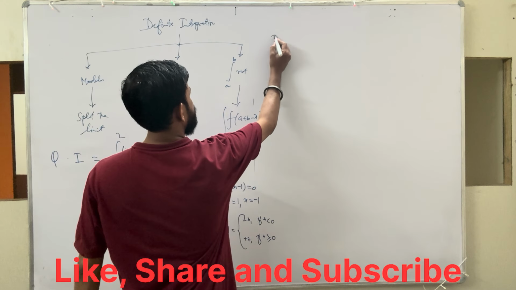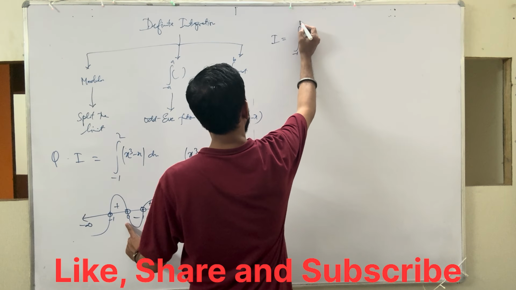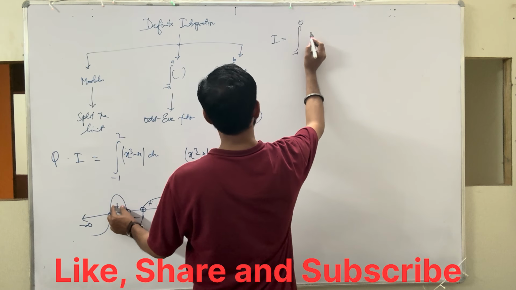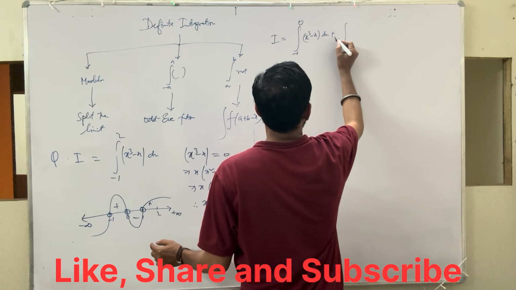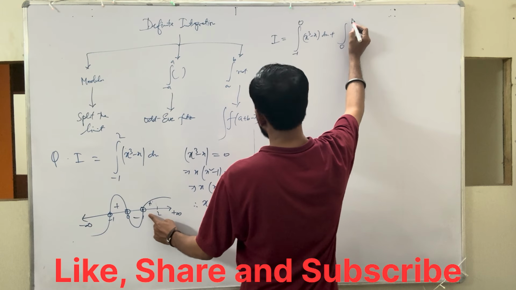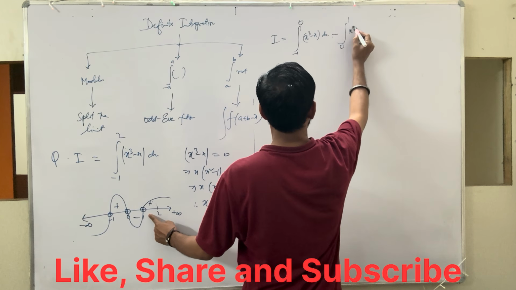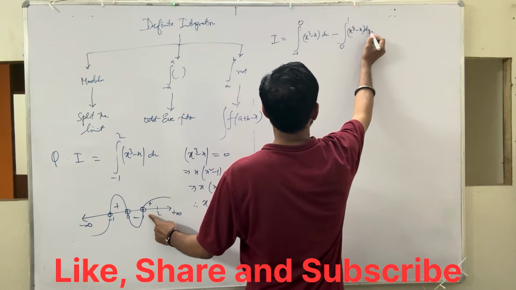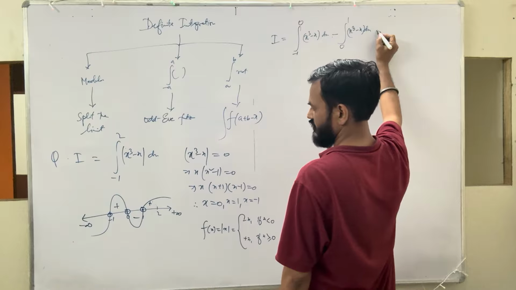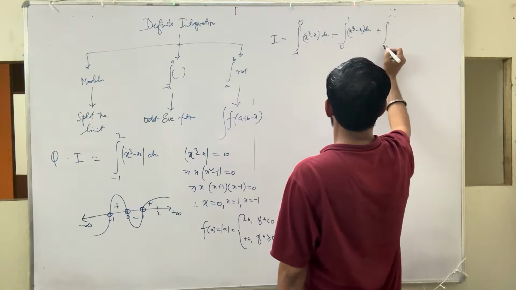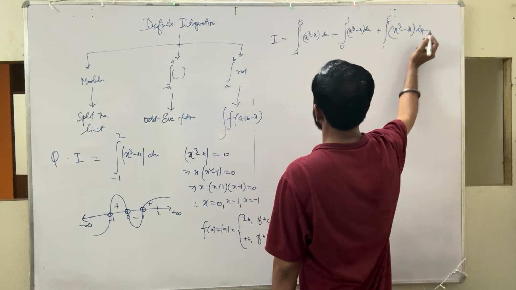So your I becomes the integral from minus 1 to 0, where the integrand is positive, so we take just x cube minus x dx. And then from 0 to 1, since it is negative, we take negative. So we choose negative here, and then we take positive: 1 to 2, x cube minus x dx.